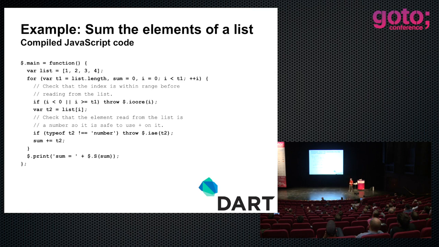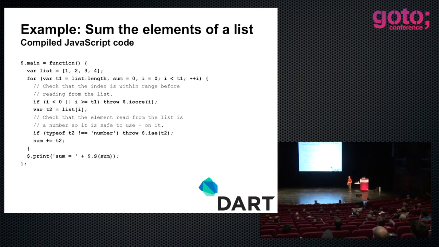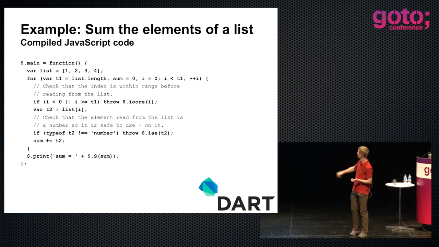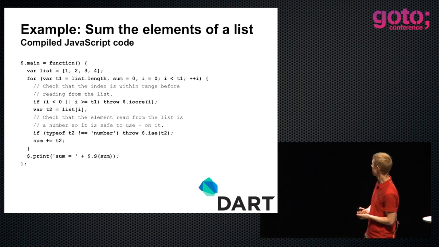The for loop looks a bit bigger. But the biggest thing is really that before accessing the list elements, we insert an explicit check: if i is less than 0 or i is greater than or equal to the length of the list, throw this index out of range exception. That's the Winnie the Pooh reference, I order.